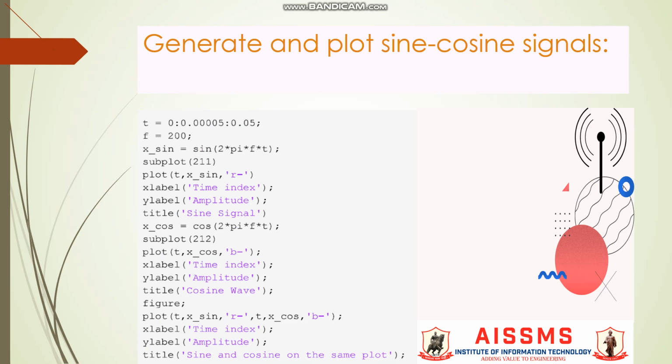We see R dash in line 5 which is used to plot our sine signal in red. We see B dash in line 11 which is used to plot a cosine wave in blue, and in the third figure both these signals will be plotted in one grid in the respective colors defined.